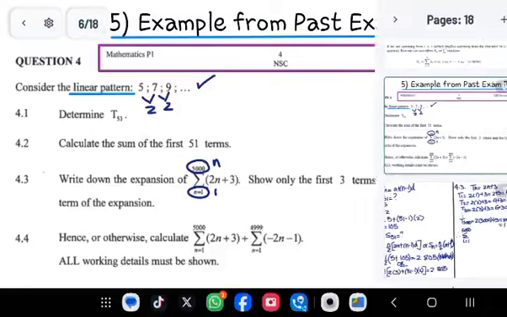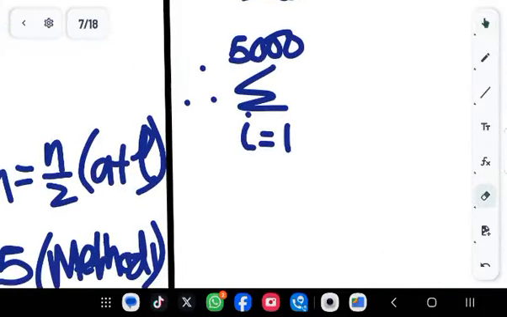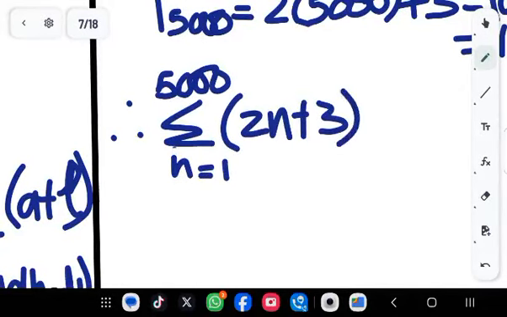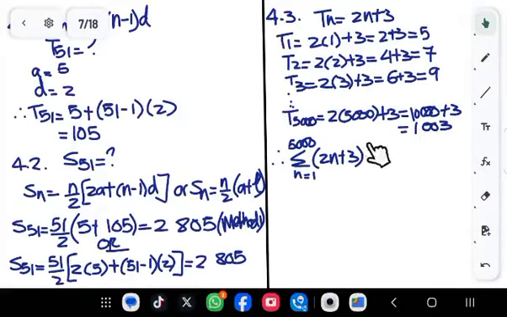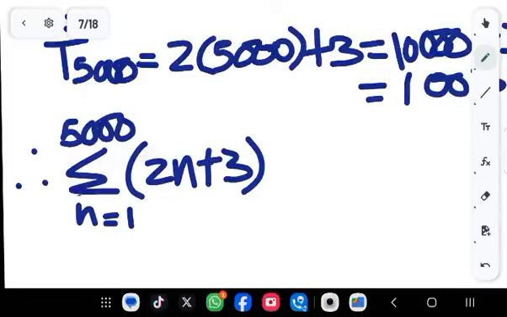From n equals 1, yes, n equals 1 to 5,000 of 2n plus 3, meaning the whole thing is included in the calculation. Everything is counted for. All right.